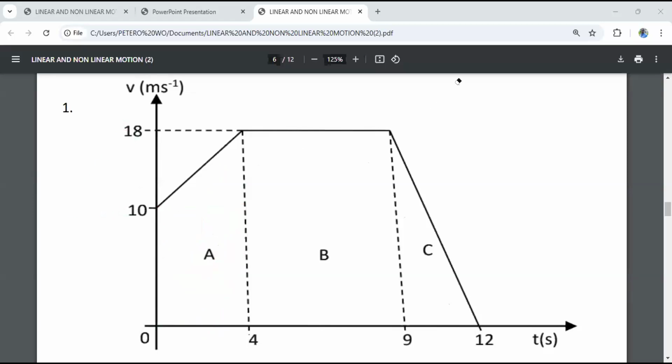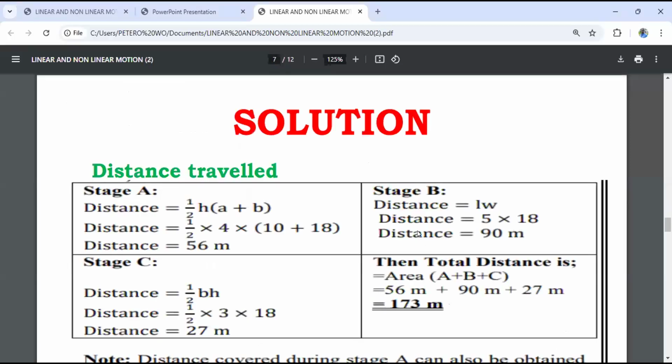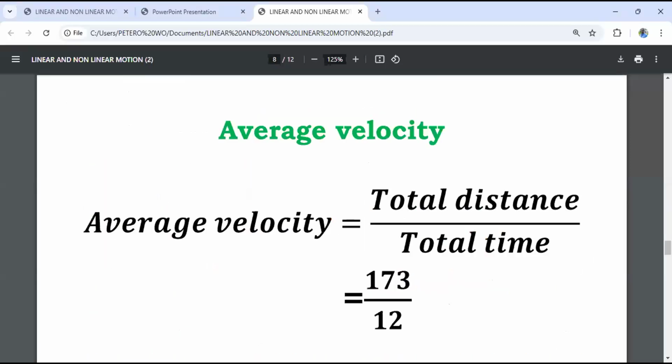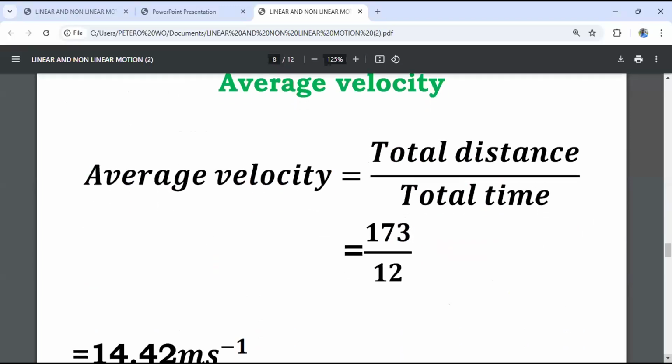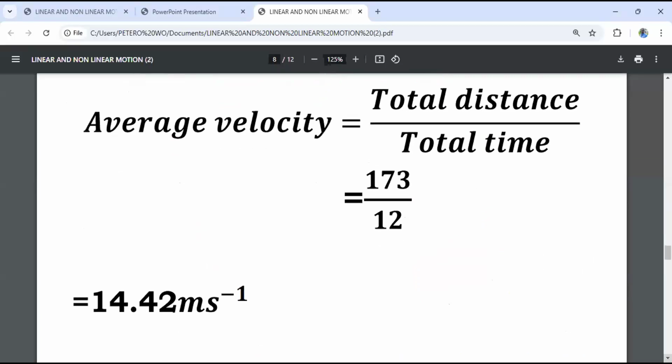The question for this was for us to determine the distance traveled and the average velocity. So for average velocity, remember it is total distance divided by total time. So we got the distance as 173, and from the graph, the total time is 12.